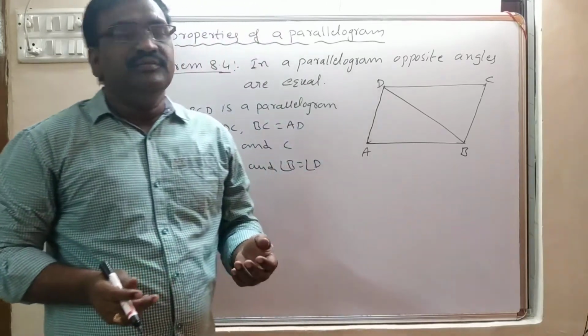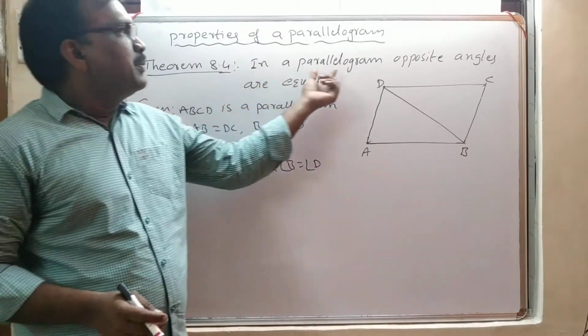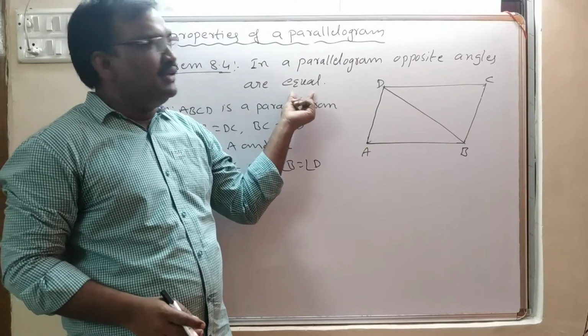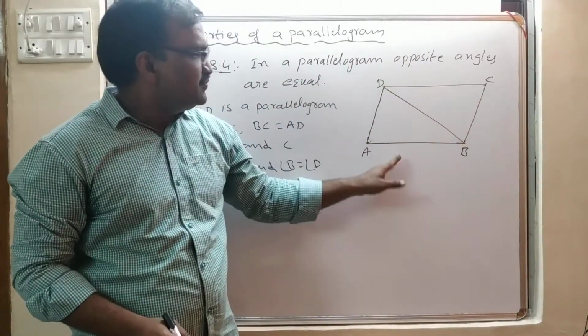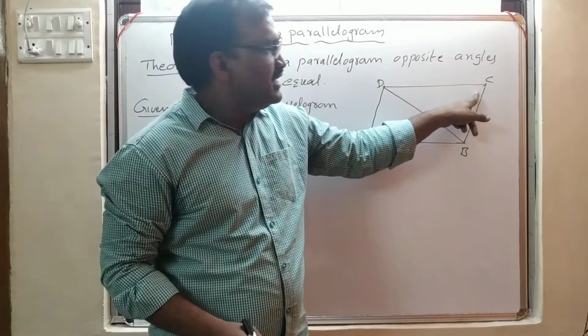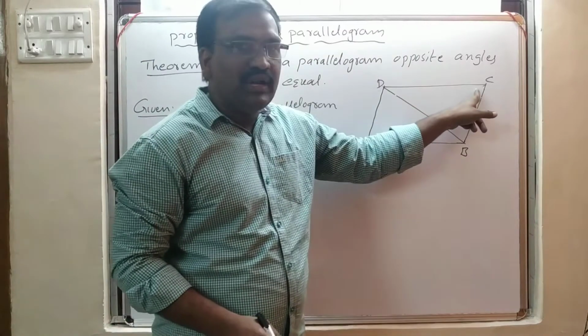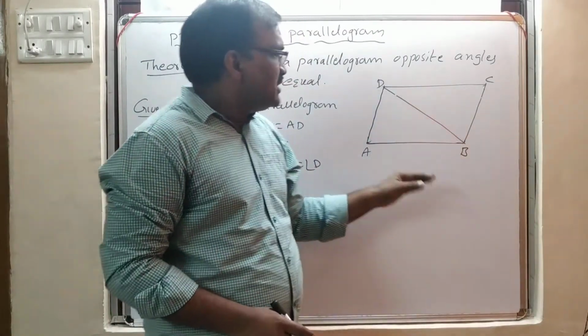Next property of parallelogram, that is, in a parallelogram opposite angles are equal. So ABCD is a parallelogram. A and C are opposite angles, B and D are opposite angles. We have to prove angle A is equal to angle C, angle B is equal to angle D. See what is given?